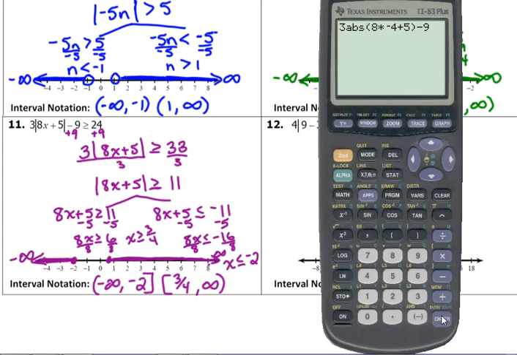And if negative 4 works, this number should be greater than or equal to 24. It is. So that means this inequality is in the right direction. You picked a number in that interval and it satisfied the inequality. I can pick a number way up here and do the same thing.